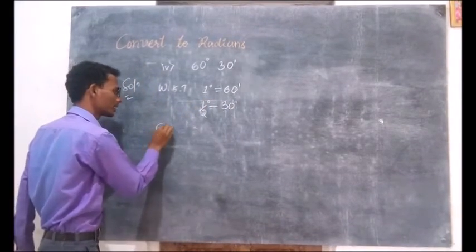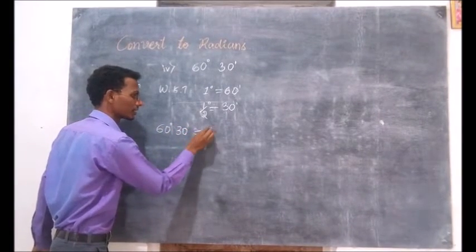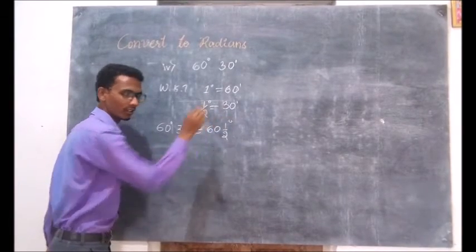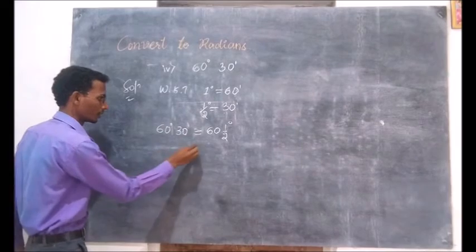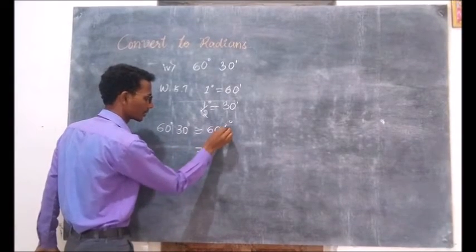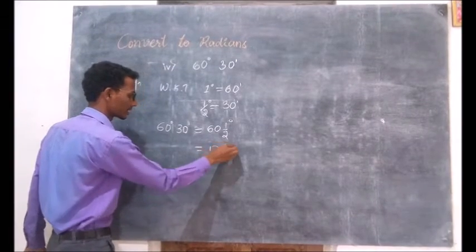Hence 60 degrees 30 minutes can be written as 60 and a half degrees. So therefore, this is 2 into 60, 120, plus 1, 121 divided by 2 degrees.